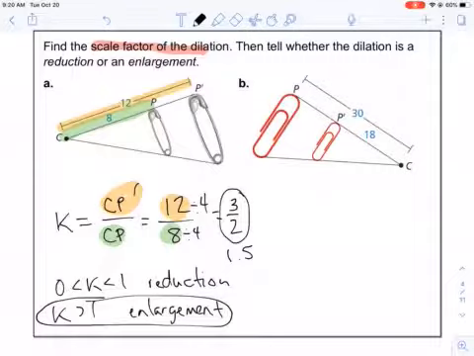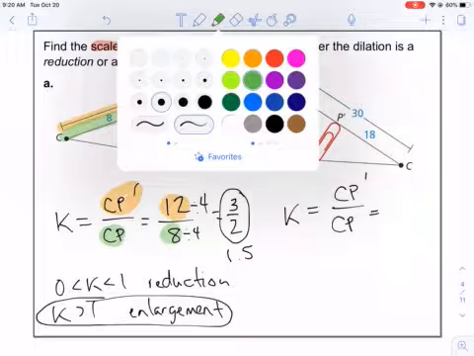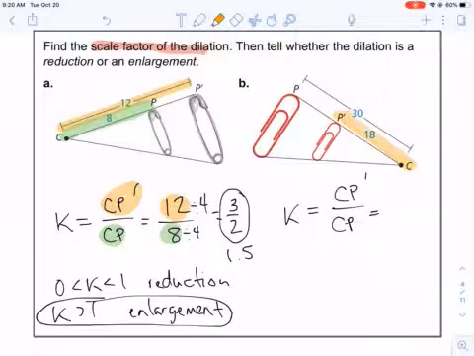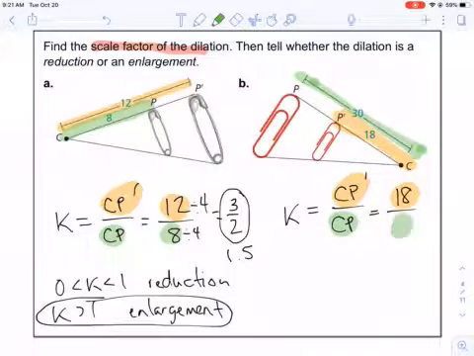Let's look at the next one. Find the scale factor. So K equals CP prime over CP. It looks like CP prime is 18, because the distance from C to P prime is 18. And then it looks like CP is 30, the distance from C to P is 30.